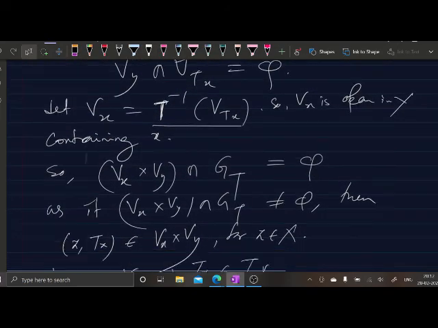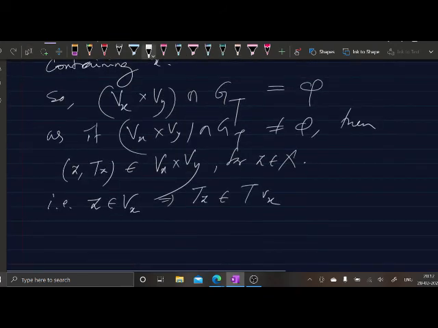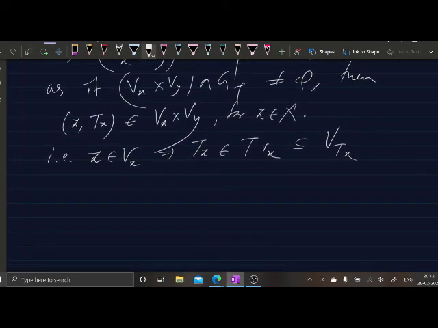Now what is t of vx? So t of vx must be a subset of vtx, this one, okay, so tz belongs to vtx. Now since z, tz belongs to vx cross vy, so this tz must be in Vy, and Tz is in Vy.